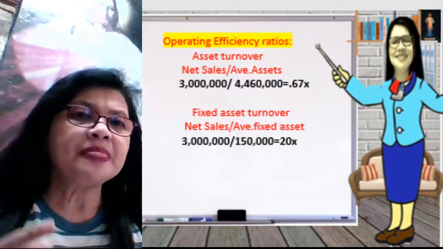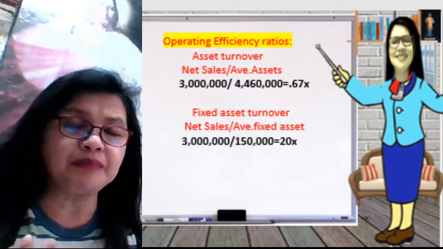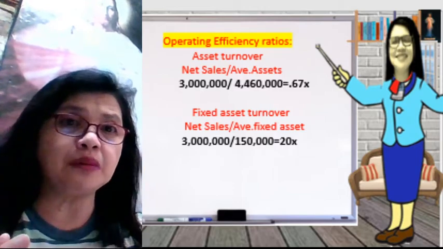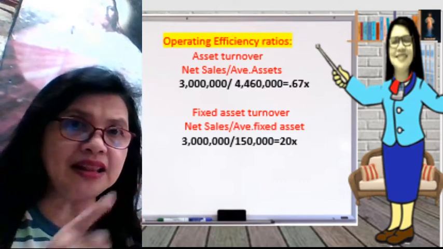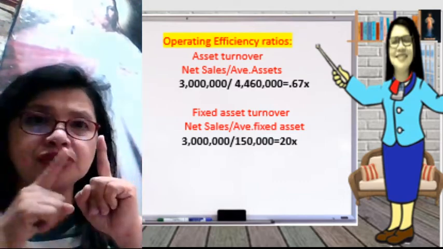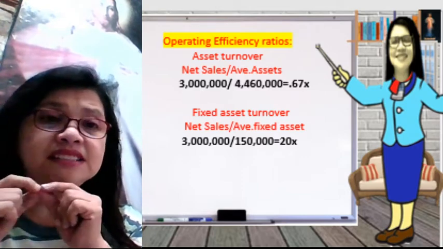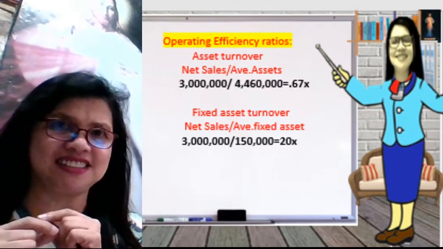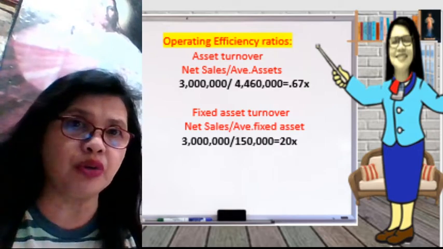That means that the assets of the company generate 0.67 centavos for every peso of sales. For every 1 peso sale, 0.67 centavos of that is coming from your assets.